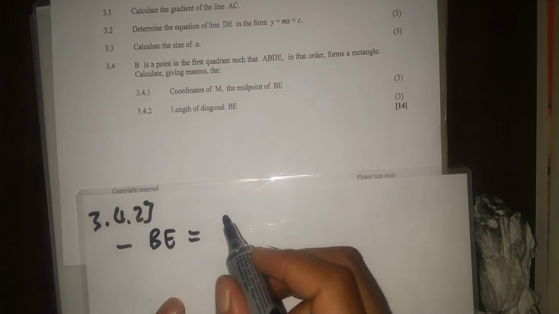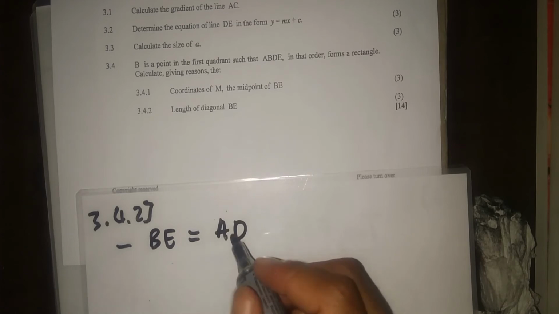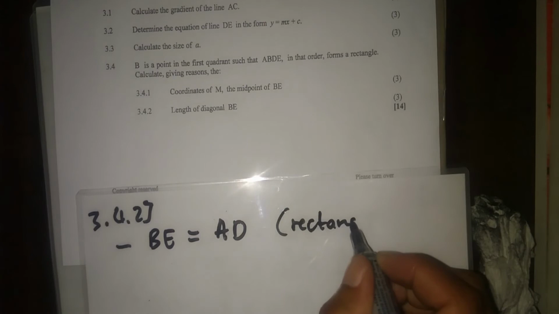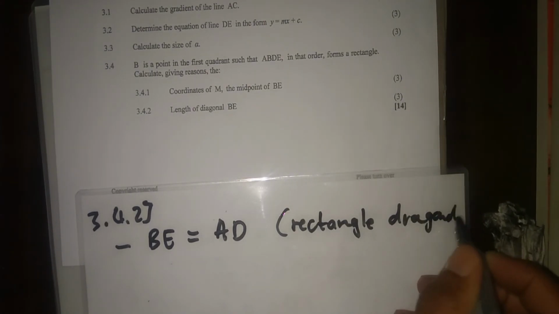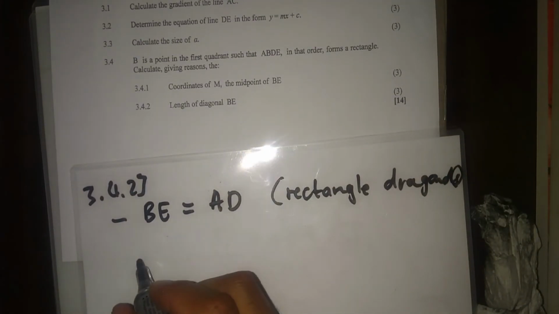BE is equal to AD, right? Why? The diagonals of a rectangle are equal.